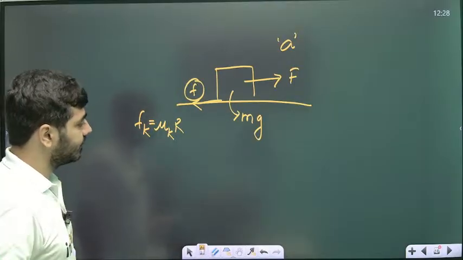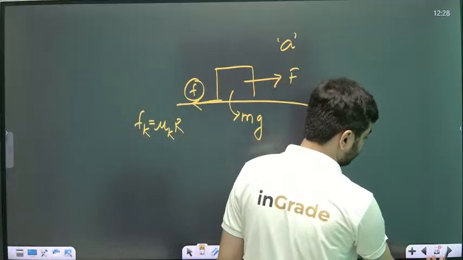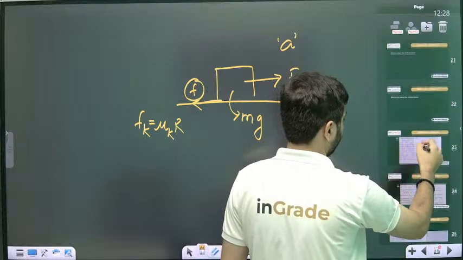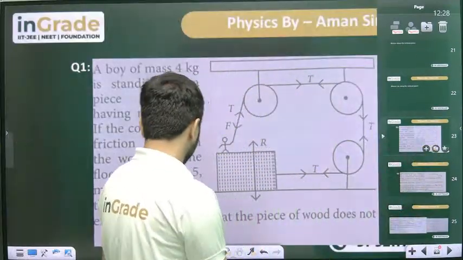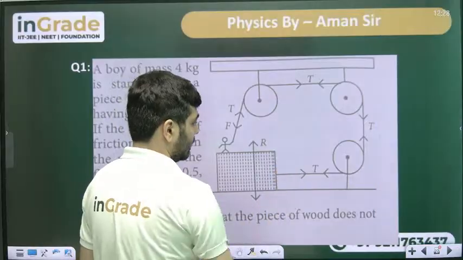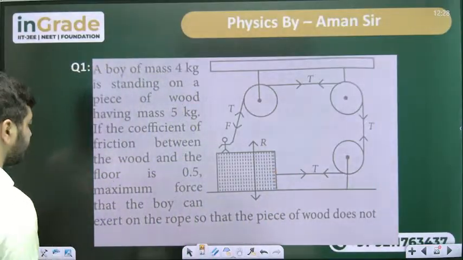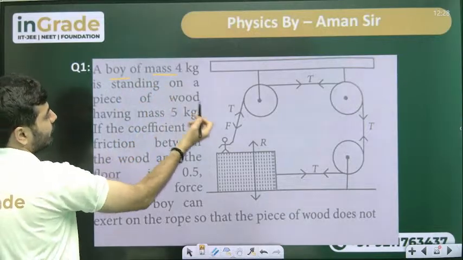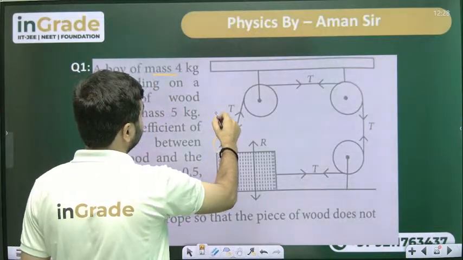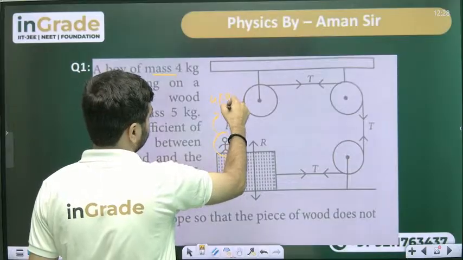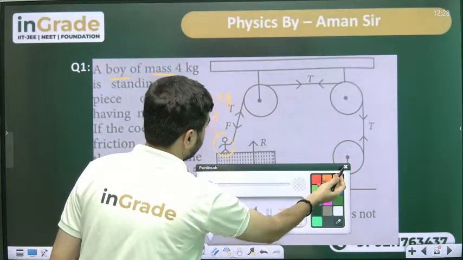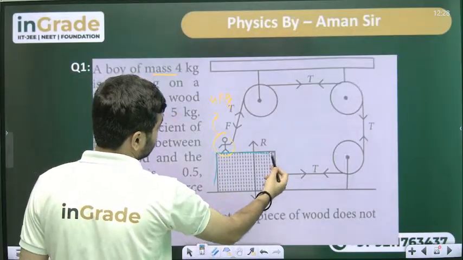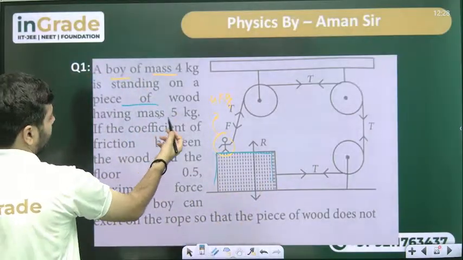Okay. Now let's solve a problem. This is a problem. A boy of mass m, 4 kg, is standing on a piece of wood, having a mass 5 kg.